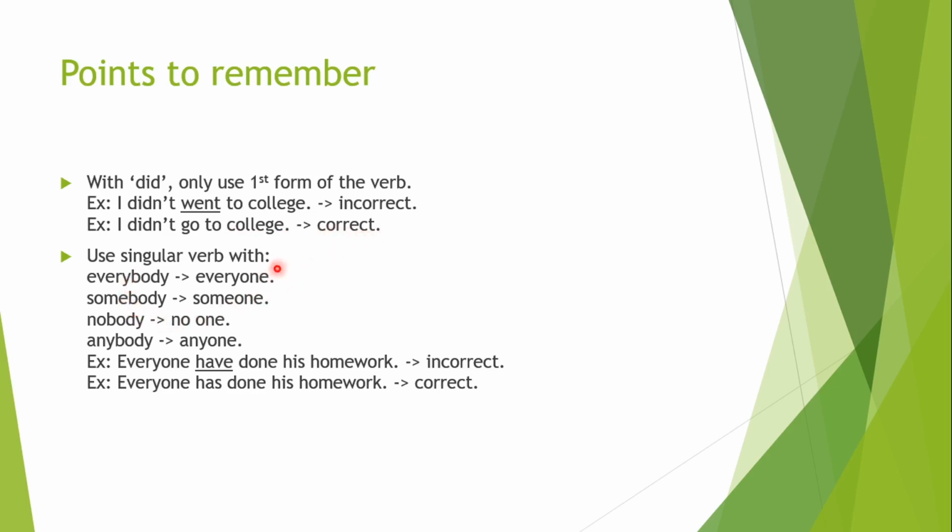Now, if everyone, someone, no one, anyone is there, don't use the plural form of the verb. Use only the singular form of the verb. Like "Everyone have done his homework." This is incorrect. Everyone will take "has". So the correct answer is "Everyone has done his homework."